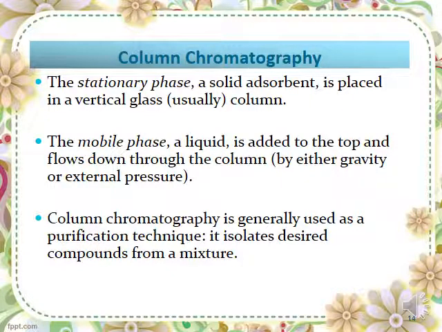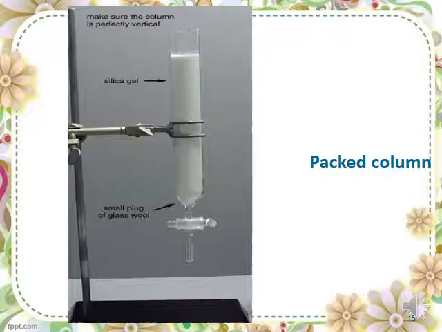So this is how a packed column looks. It looks more like a burette, but slightly bigger in diameter. We pack very fine silica gel as the stationary phase here, and we put a small amount of glass wool here so that the silica gel does not go through the hole.